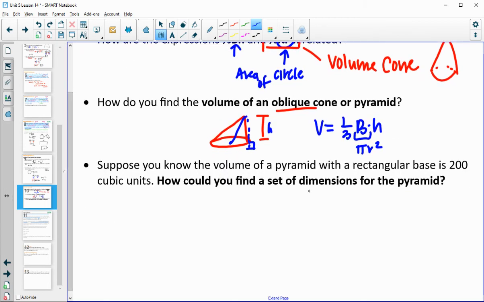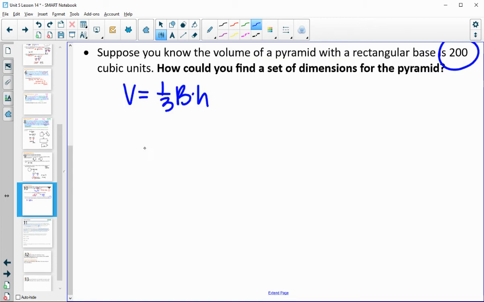So if we know the volume of a pyramid with a rectangular base is 200 cubic units, could you find the dimensions for a pyramid? It just has to multiply and get us to this 200. So remember, volume formula is 1/3 area of the base times the height.